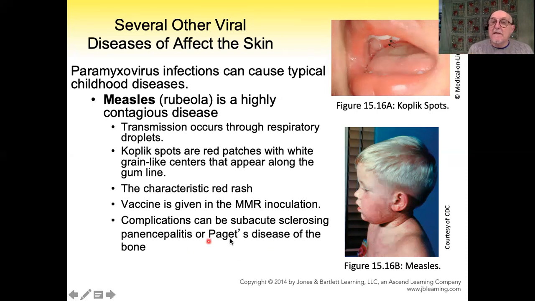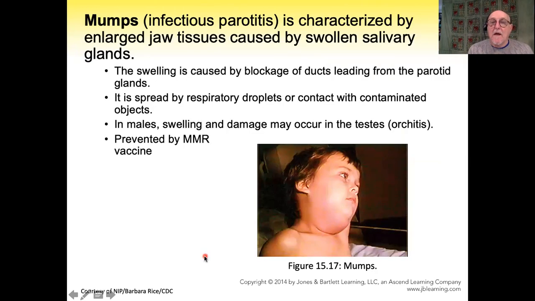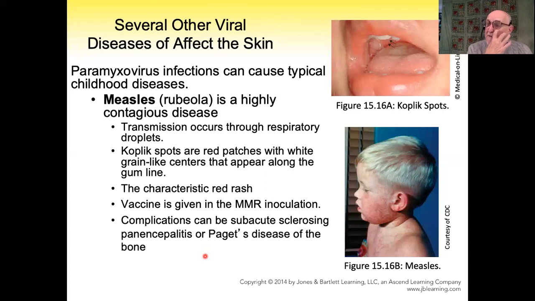It also causes a disease called Paget's disease, which is somewhat less serious than subacute sclerosing panencephalitis. I haven't put it up here, but if you're interested, look up the impact of vaccination on the incidence of both measles and SSPE, subacute sclerosing panencephalitis.